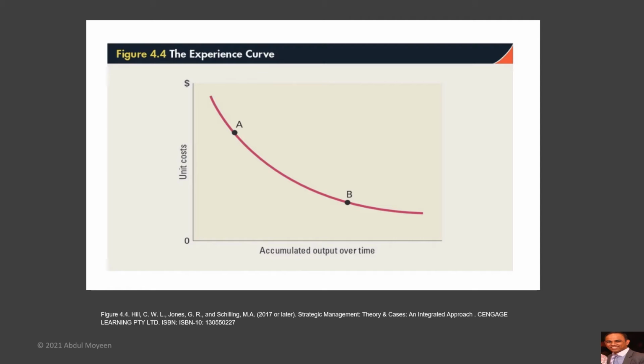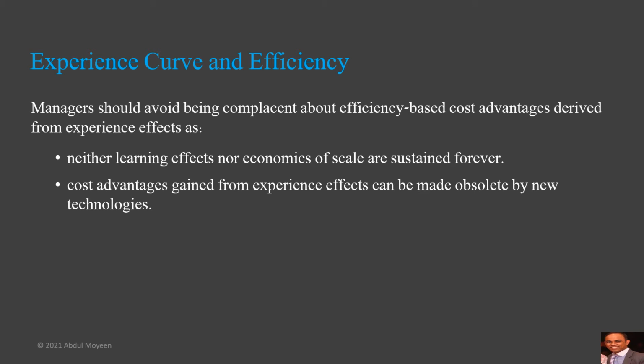Consequently, the unit cost and cost structure fall with the increase in accumulated output. The experience curve suggests that increasing a company's product volume and market share will bring cost advantage over its rivals. So the lesson is, if a company wishes to attain a low cost position, it must try to move down the experience curve as quickly as possible.